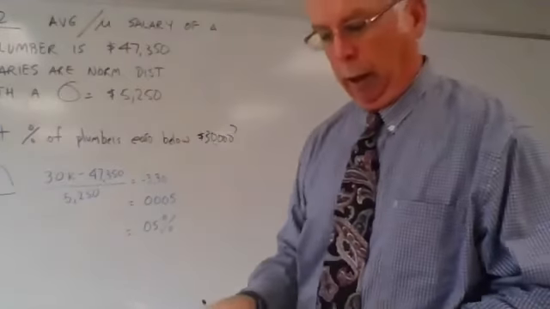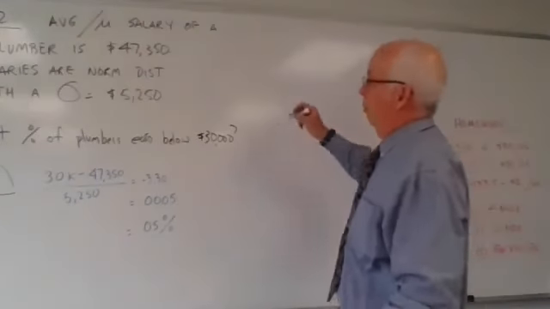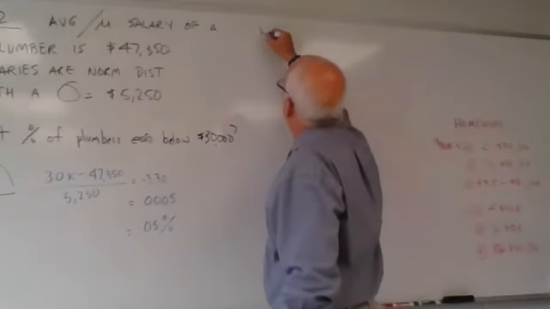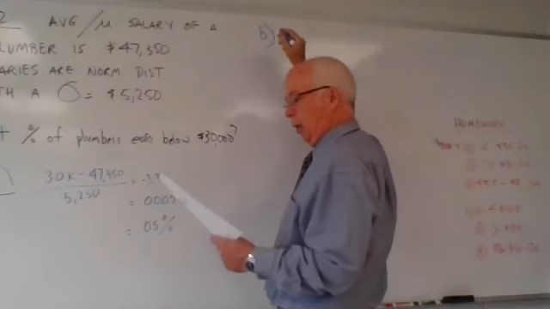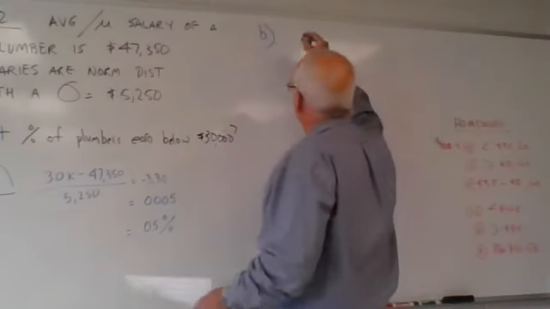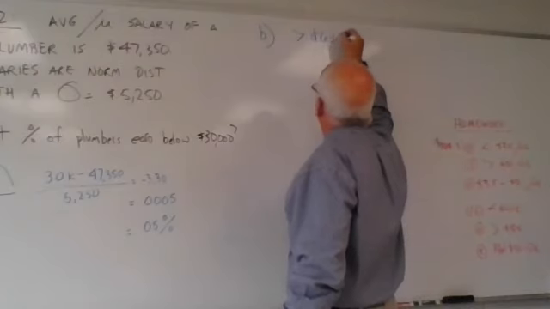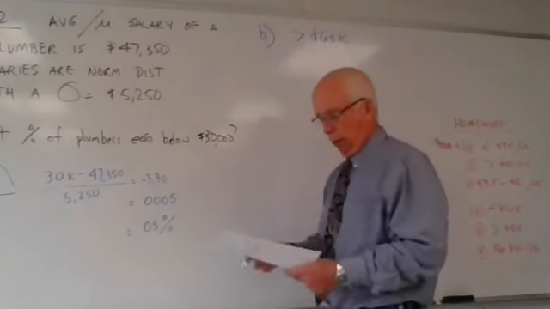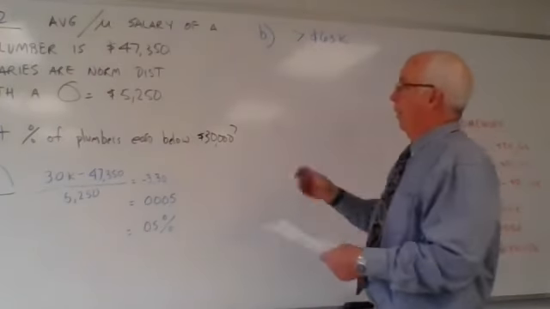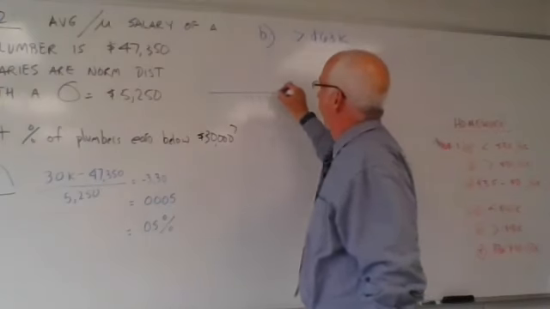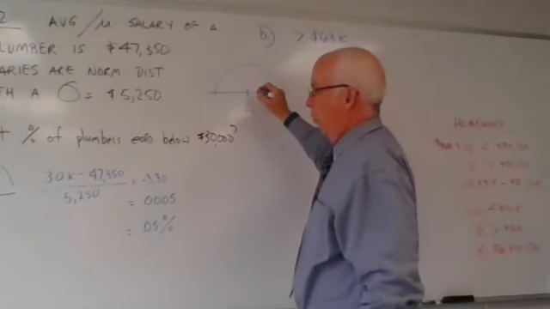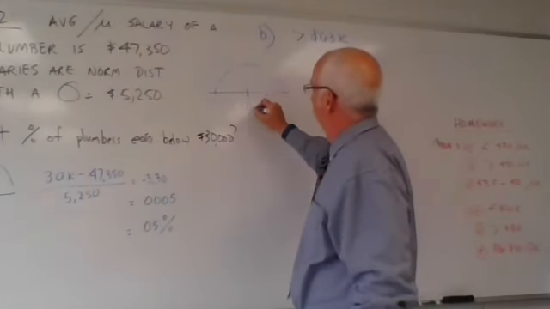All right, I'm not going to switch to black ink, but for B, we're going to calculate what's the percentage or probability that they earn more than 63K. Now we're getting up to a little bit more respectable. So if I do the graph for this, we still have the same 47,350 for the mean.